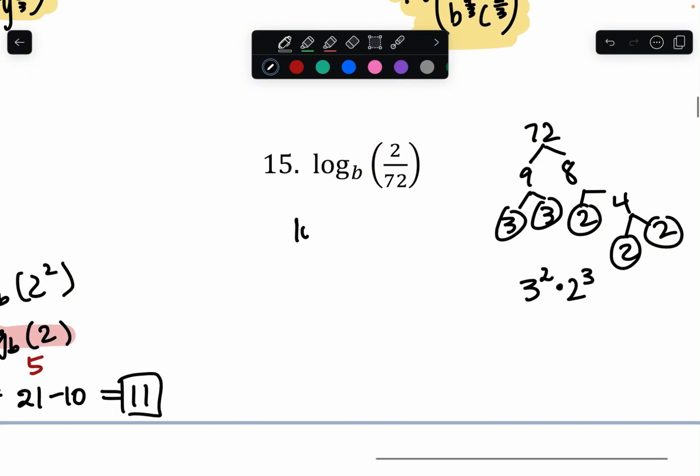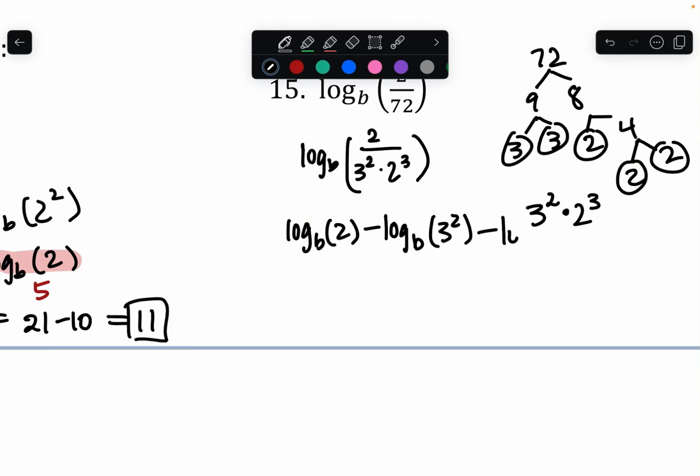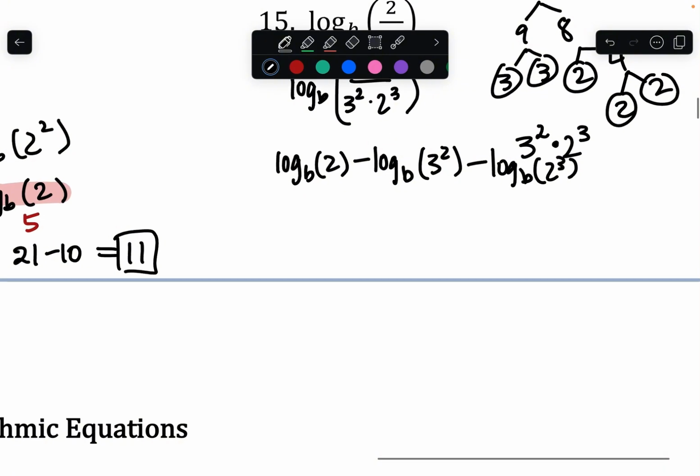Okay, so log b of 2 over 3 squared, 2 cubed. And then now when I break this up, log b of 2, and then I would have minus log b of 3 squared minus log b of 2 cubed. Bring down your exponents.